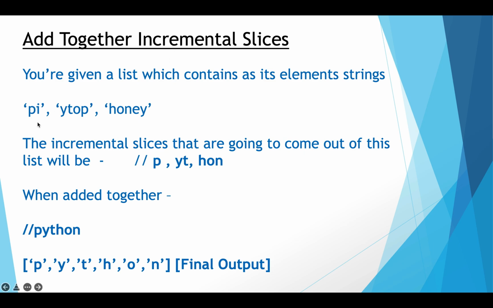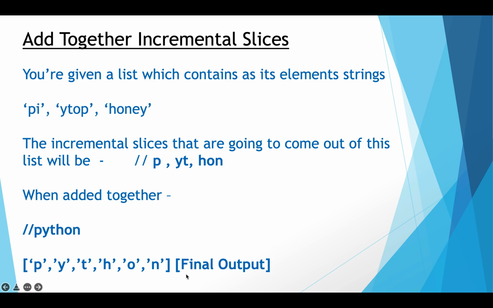So if I have a list containing these strings, then the incremental slices which are going to come out of these elements will be P from the first element, YT from the second element, and HON from the third element. As the output of the program, you need to create a string Python, which is formed by combining all these incremental slices you can see.